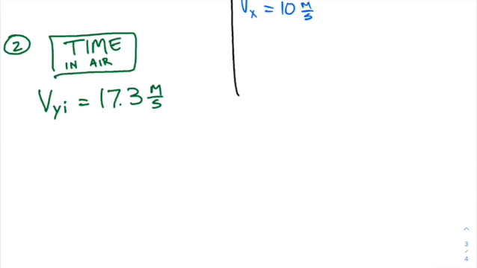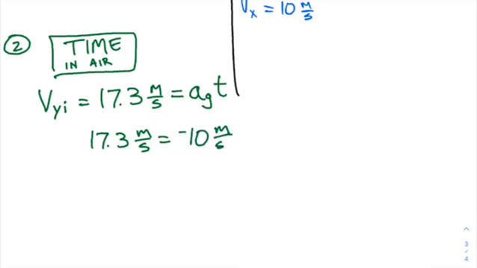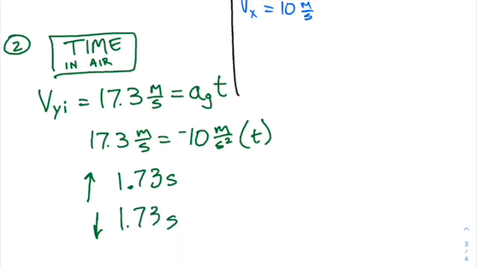That depends on how long the acceleration of gravity allows it to stay there. That's 17.3 meters per second equals a negative 10 meters per second squared times time. So the time that it spends going up is going to be 1.73 seconds, and the time it goes down is also going to be 1.73 seconds, for a total of 3.46 seconds.